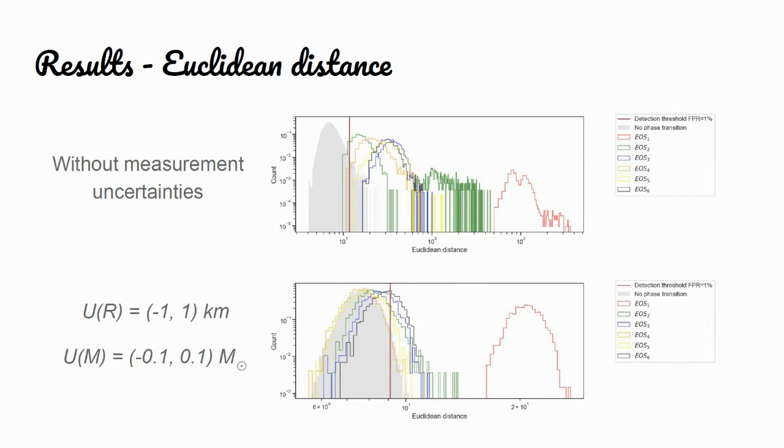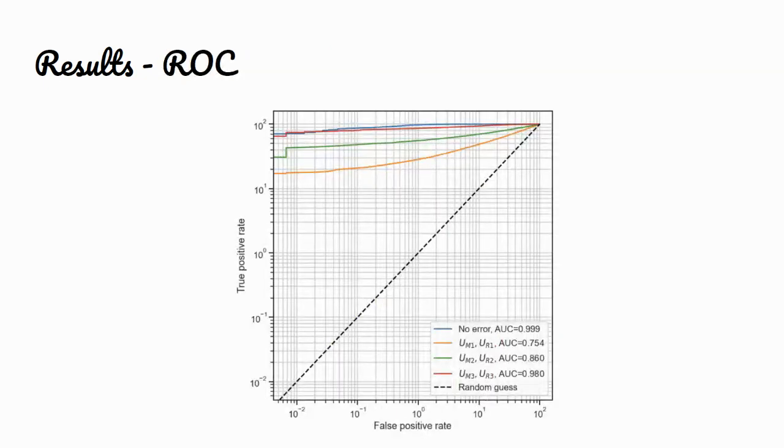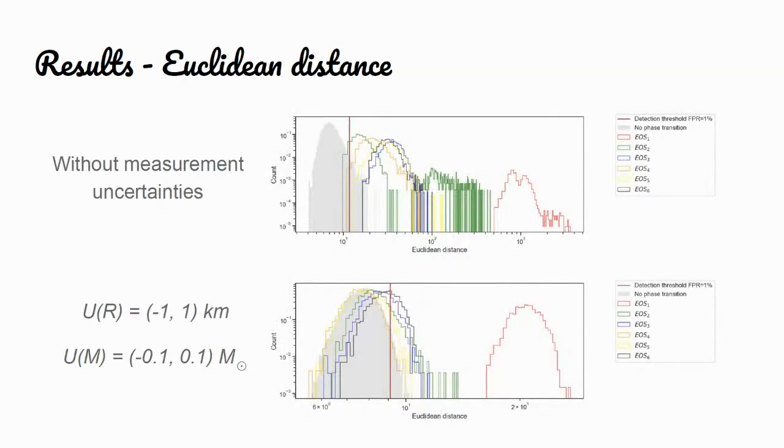In all the other cases it wasn't as good, but still this particular behavior was perfectly fine, because that's what one can expect once you start adding uncertainties, especially large ones. So having those histograms and seeing that at least partially they overlap, we could compute ROC curves.